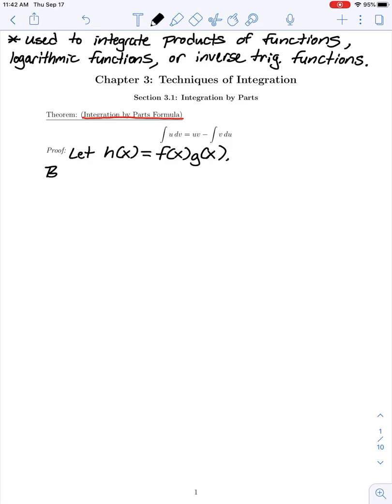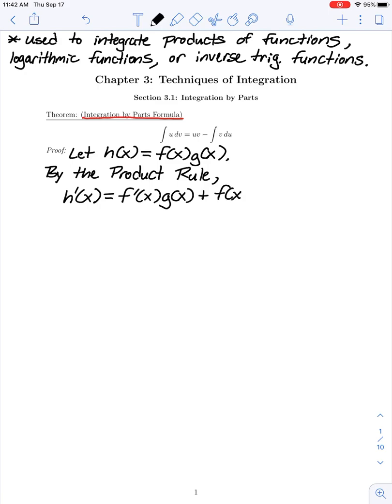Now, I know by the product rule for differentiation, the derivative of this function, h prime, would be given by f prime of x times g of x plus f of x times g prime of x.